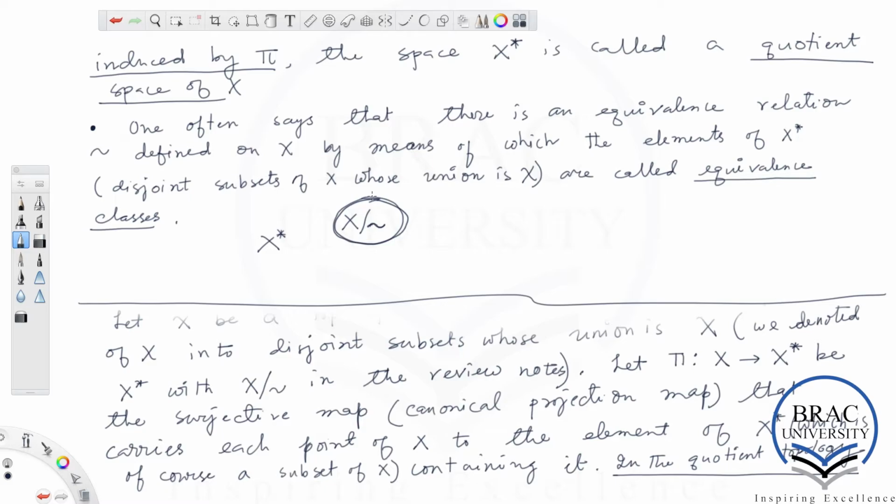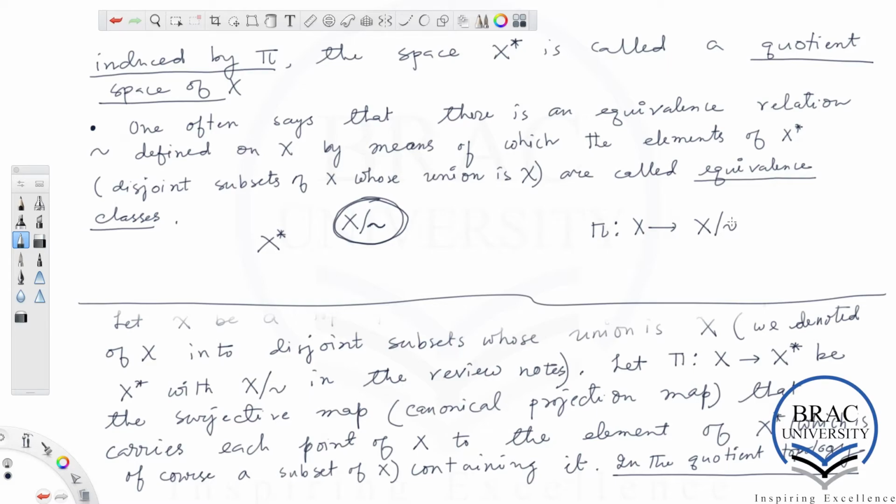Okay. Now, this broader definition of quotient map P is a surjective map between the given topological spaces X and Y, and this is not necessarily the canonical projection map pi from X to the quotient space.